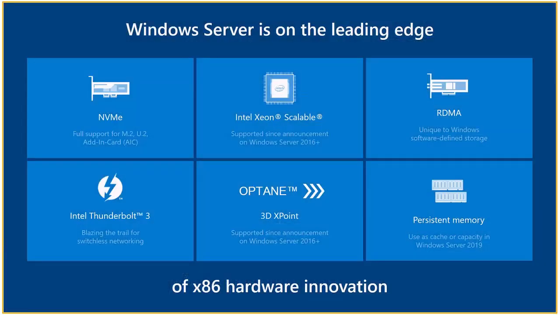So using leading-edge hardware, NVMe was the SSD they used for the bulk of the storage. They used the persistent memory I just mentioned for the caching component, and obviously RDMA for hyper-converged infrastructure over 25 gig Ethernet.